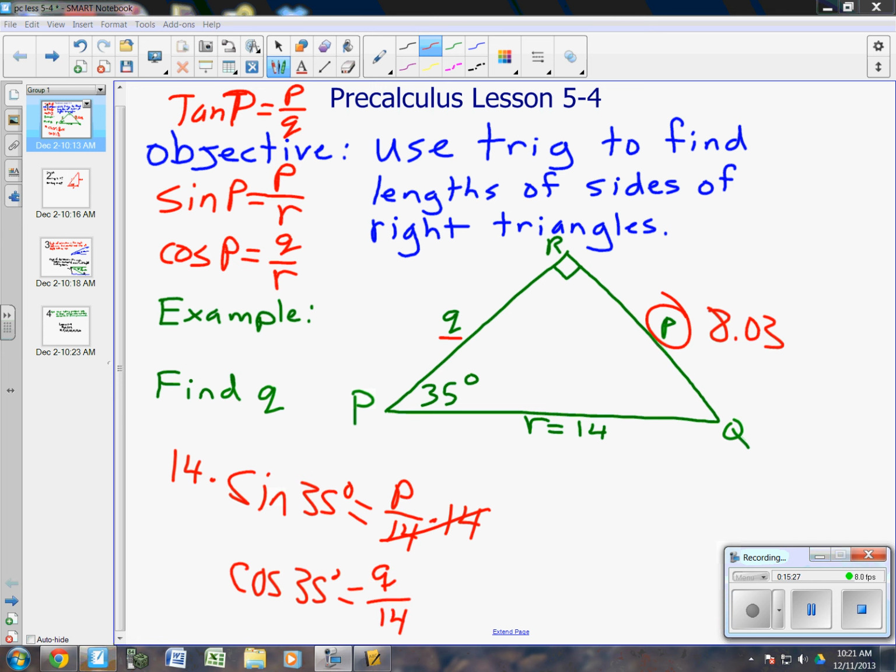Now, once again, I do the same thing. I multiply both sides by 14. They cancel out, and so 14 times the cosine of 35 is equal to Q, which is 11.47. Any questions? Okay, that's how you do right triangle trigonometry. You find the equation that you're going to only have one unknown in.